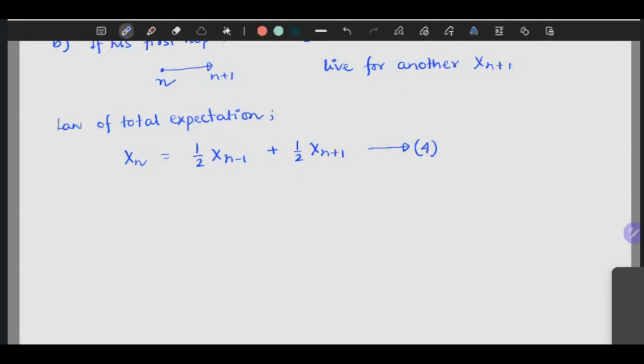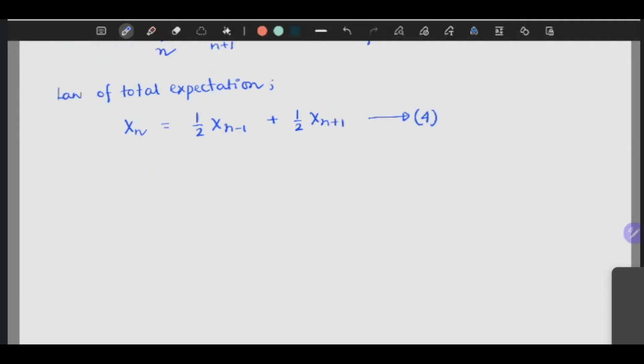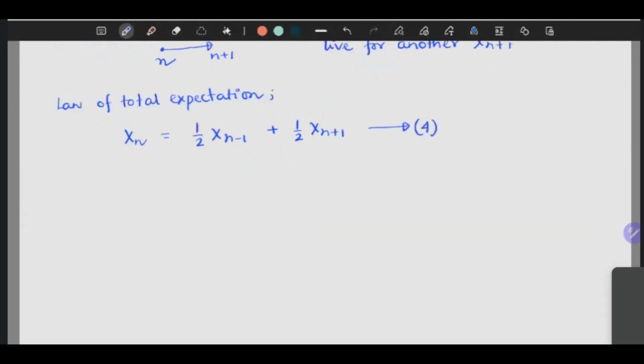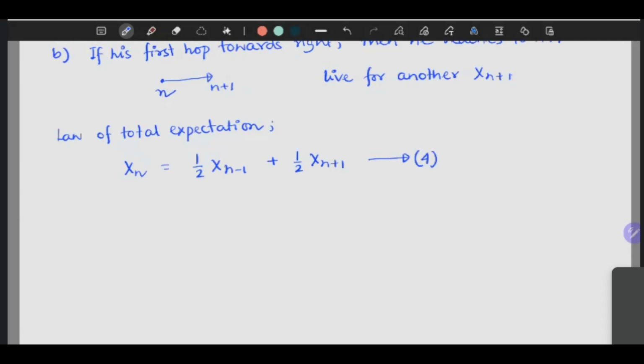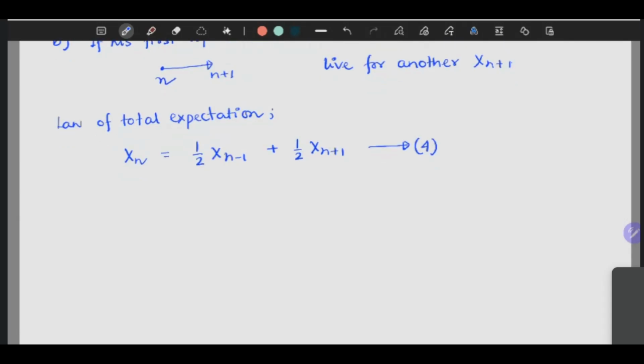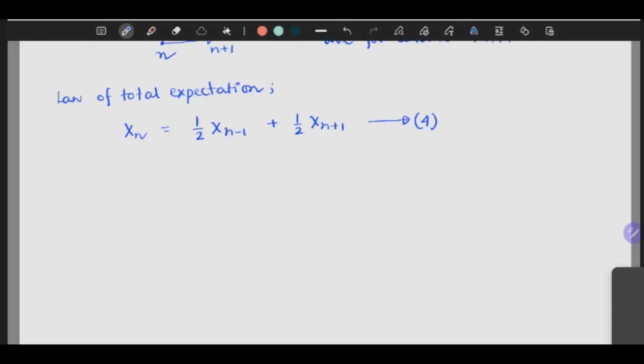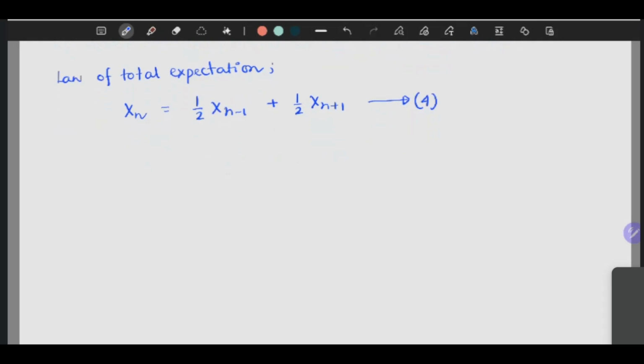Okay, so let's solve this recurrence relation. Let's write its initial conditions. Then x0, starting from 0, is 0, and if he starts at w position, that will also be 0, because at those two ends he will never leave.